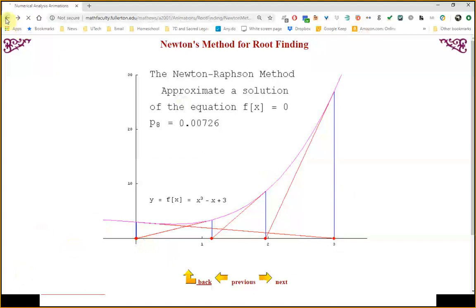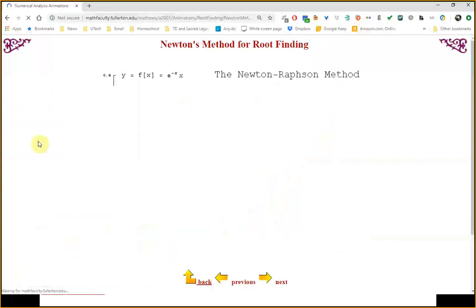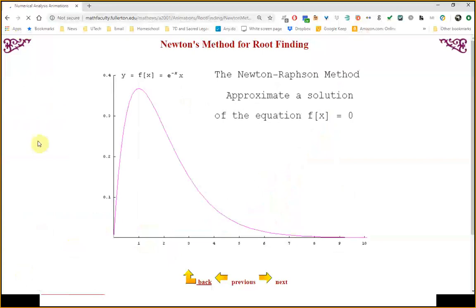Alright, so now we're going to do two more. This is going to be an example where you have a root. Anybody know what the root for this is? The root for this is infinity. It's an asymptote, right? It's going to asymptote to infinity. So can you imagine you decide you want this to find the root?